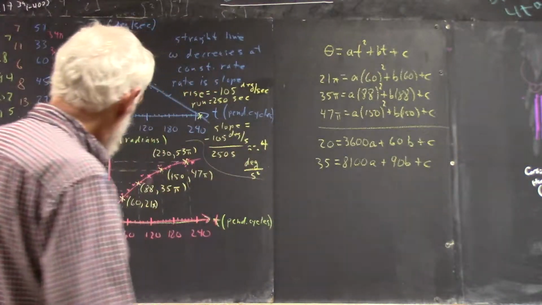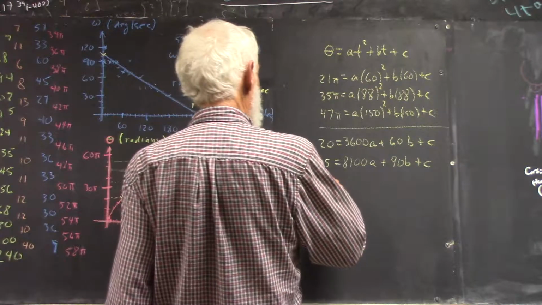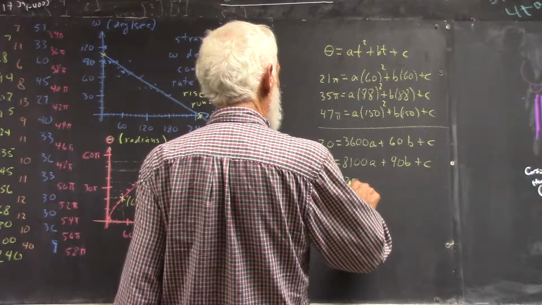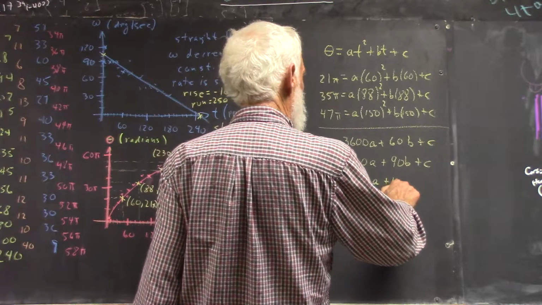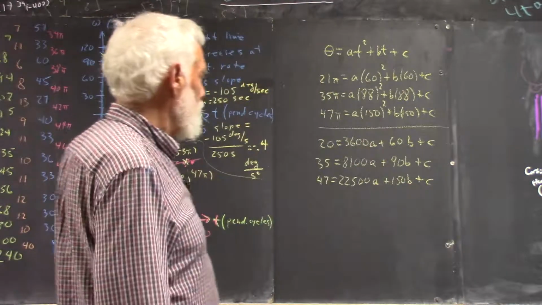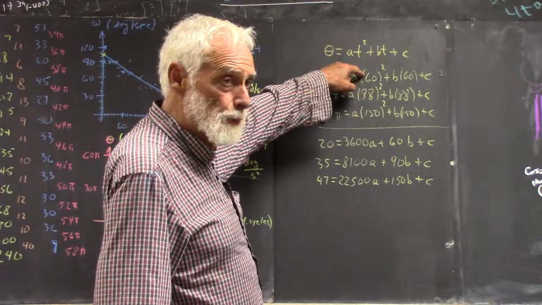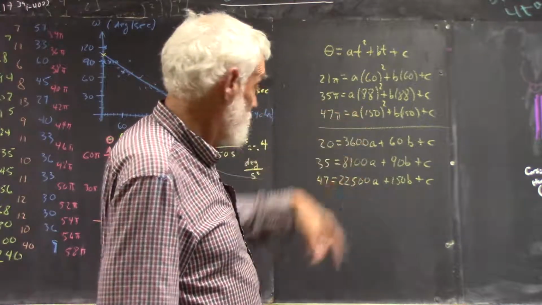Not that I'm going to get one because of a hand sketch graph and not being all that careful with it. Then we're going to have 47 equals 22,500 A plus 150 B plus C. Again, the 3,600, 8,100, 22,500 just come from squaring 60 and 90 instead of 88, and then 150.